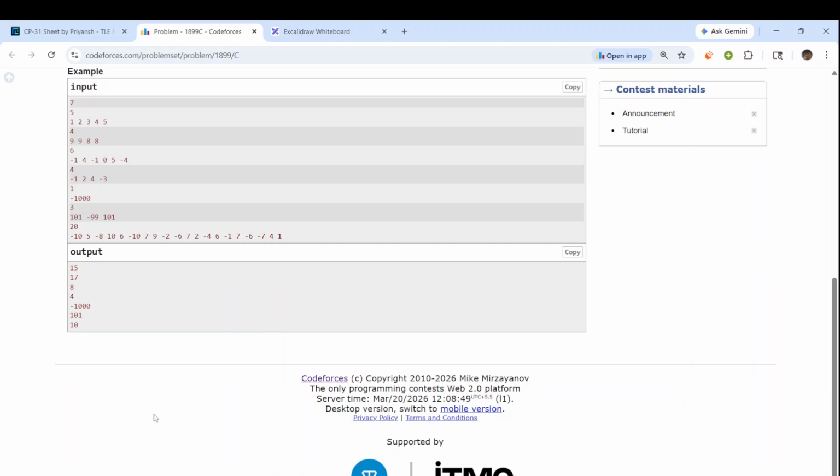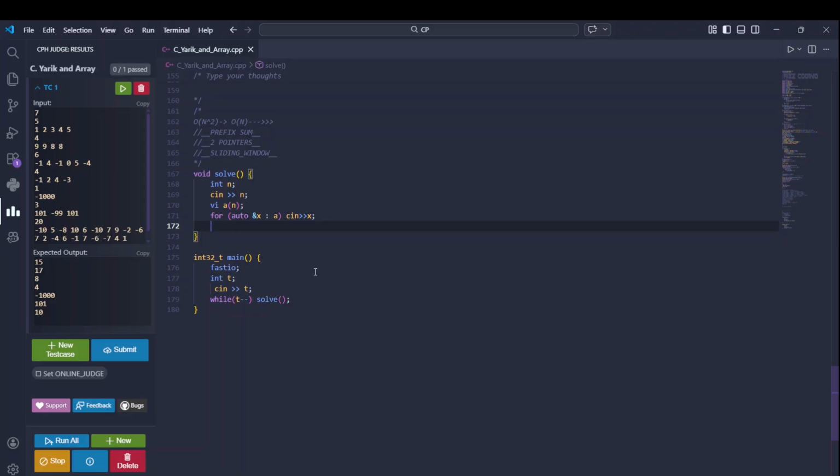Let's go into this example: 9988. So I'll come here. If parity is same, at first I can do like this.